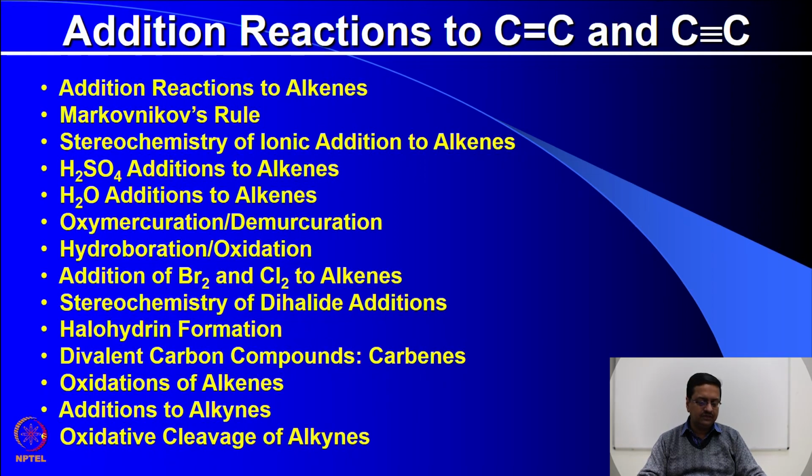Then we'll talk about the divalent carbon compounds, those are called carbenes, and then additions to alkenes, additions to alkynes, oxidative cleavage of alkynes, and then we will discuss various oxidation and reduction procedures that are generally done in the organic chemistry laboratories.